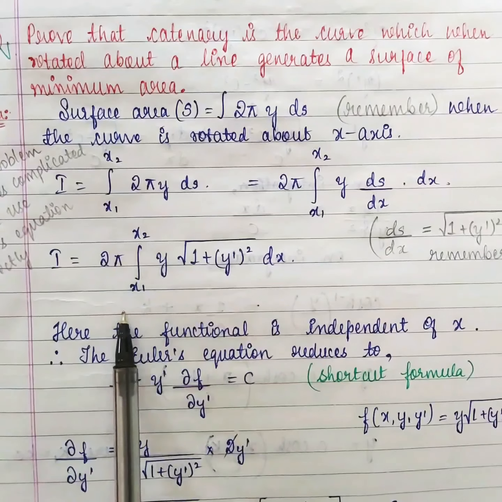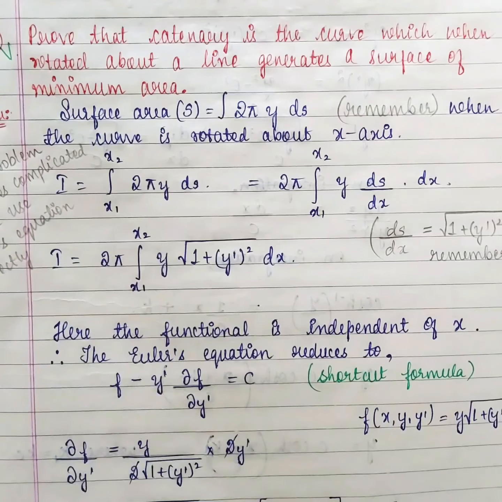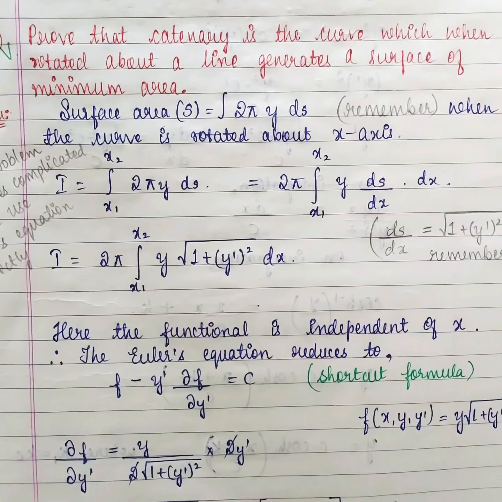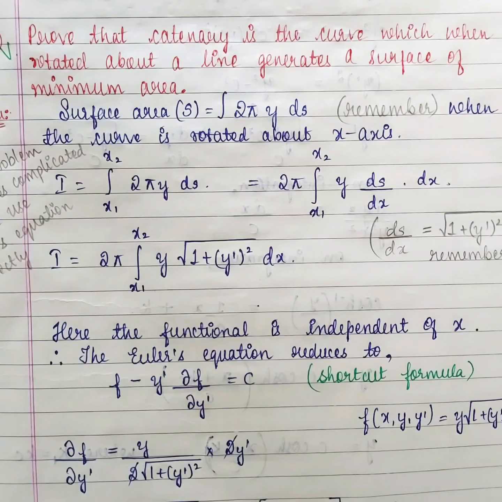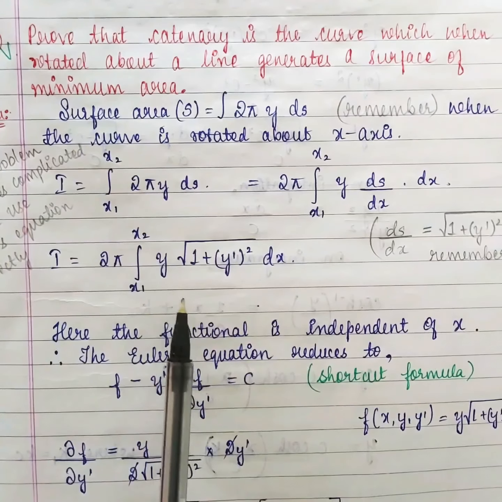Only till here this is new. Whatever given information we are using, and writing the corresponding I over here. Now after this we have to find the minimum area. So we are going to use the same concept, that is Euler's equation. And remember, sometimes when the function is independent of x or independent of y, some short forms are there.